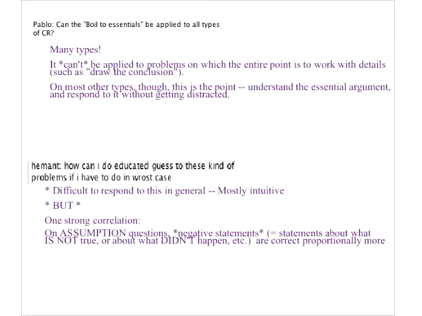What I mean by proportionally more often is that they are correct answers a higher percentage of the time than they appear. So that means that they're some sort of preferred answer.